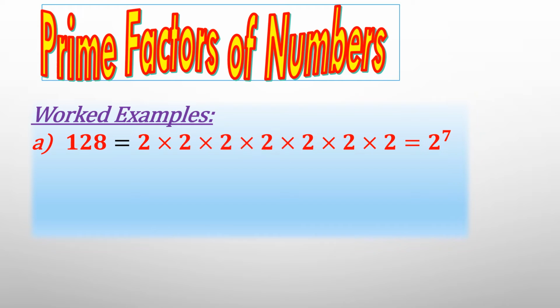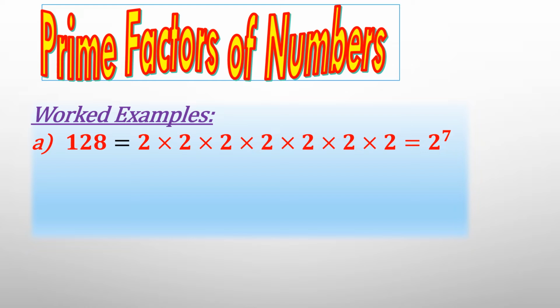And the first example is a number like 128. You have to start with the least prime number that can divide 128, and you repeat that process until you get the least number.